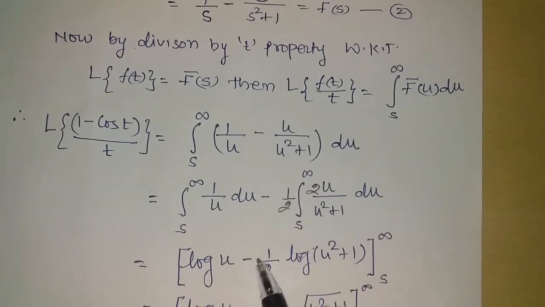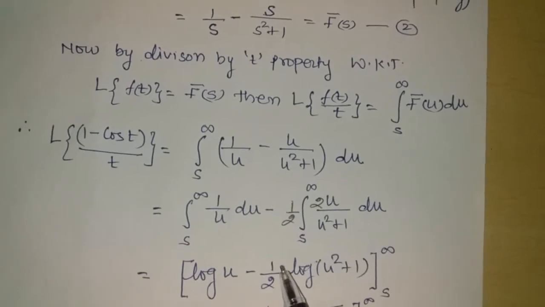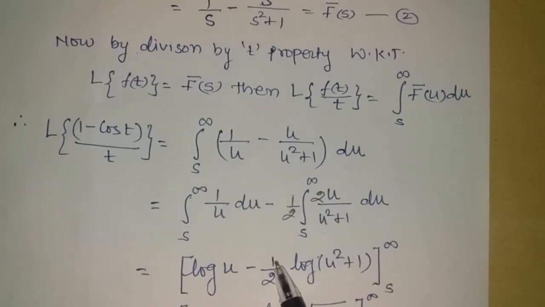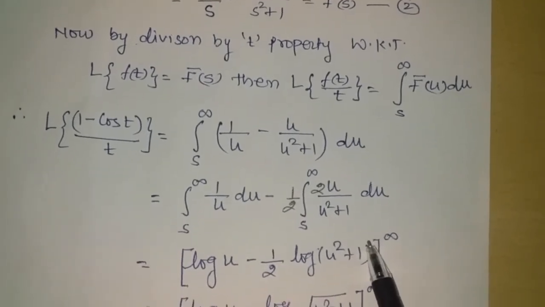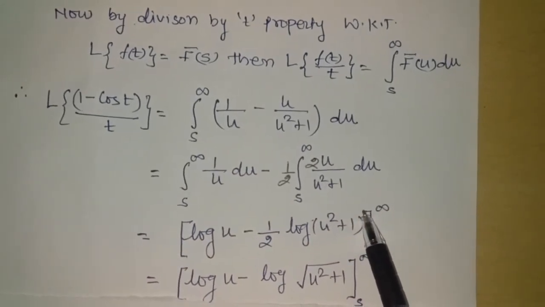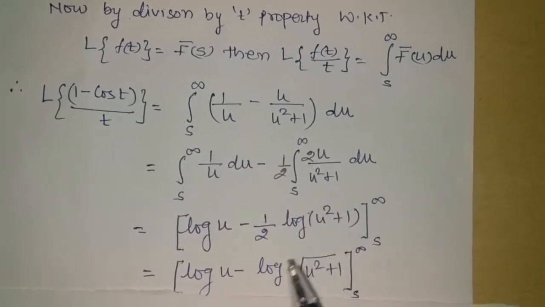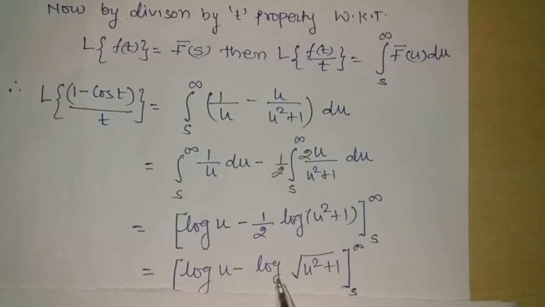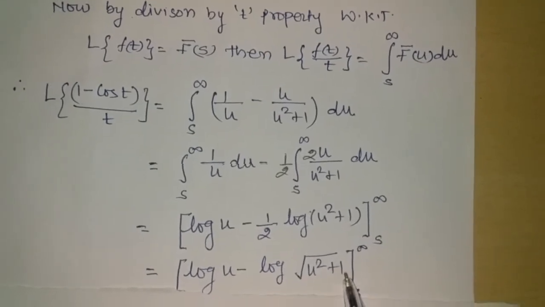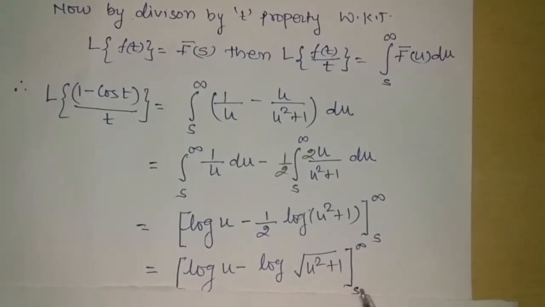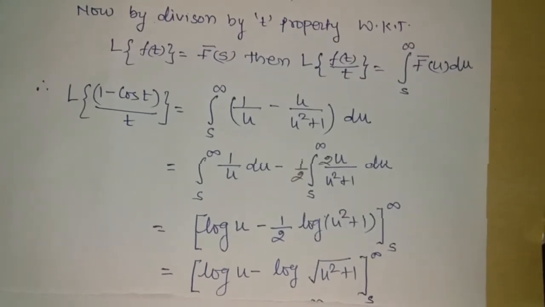Now 1 by 2, using the property of log, goes in the power of this expression, and power half is root. So we get log u minus log square root of u square plus 1. The limit of integration is s to infinity.